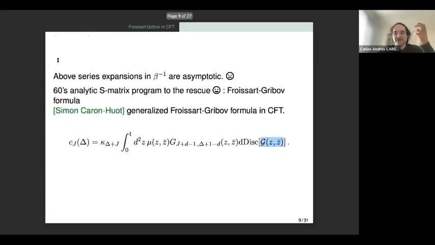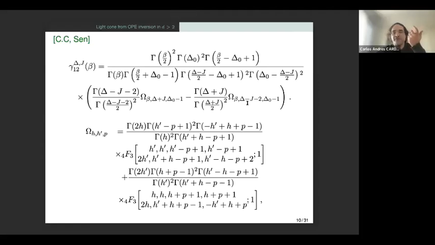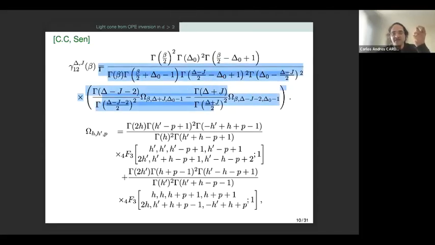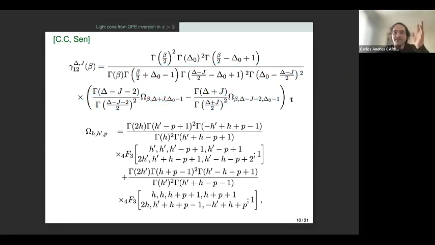So we applied the lightcone limit inside this integral, and we were able to perform the integral. And now, instead of having this series expansion in 1 over beta, we obtained this similarly complicated expression. It's not that complicated. These omegas are a combination of hypergeometrics, and this is a combination of gammas.